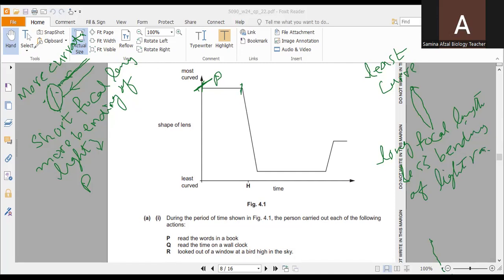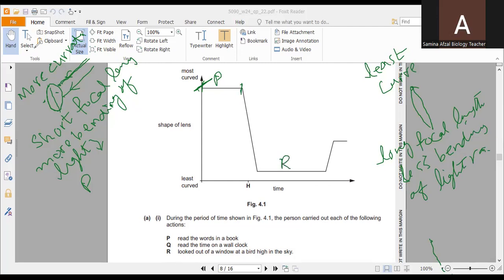It means the light rays are coming from a long distance. Then the curvature will increase. It will be looked out of a window at a bird high in the sky.